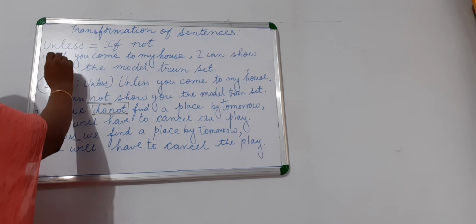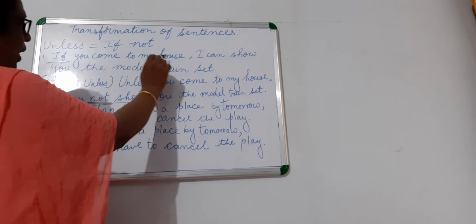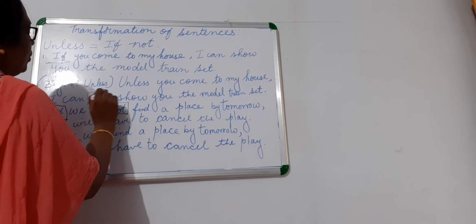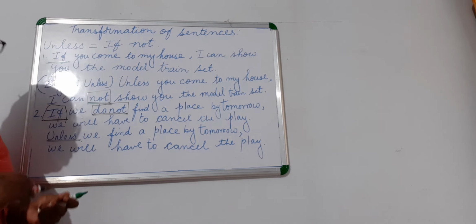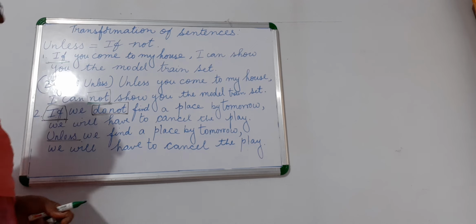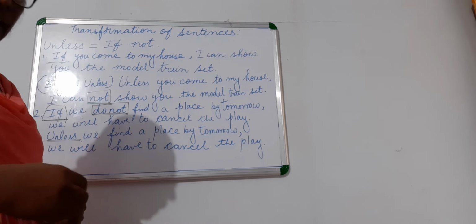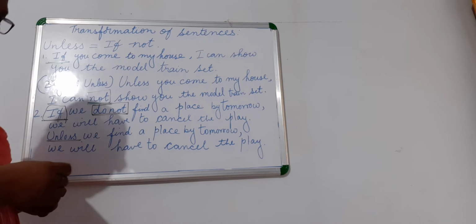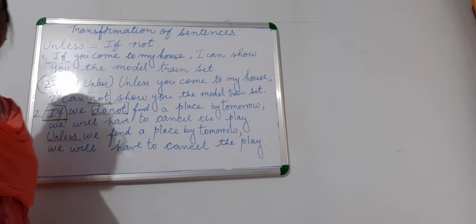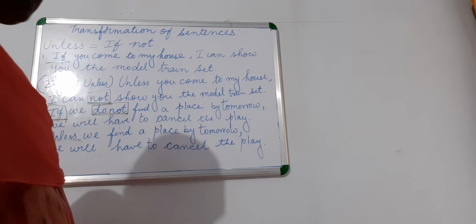But in the first sentence, as only if was there, you added not. So this is the way you have to use unless when the sentence carries if and not.